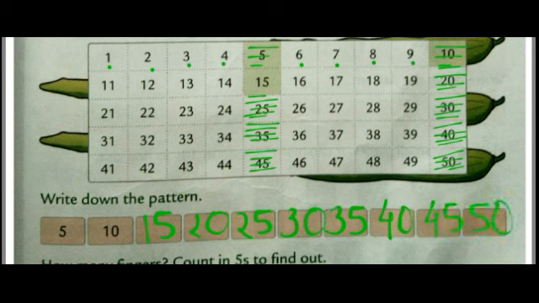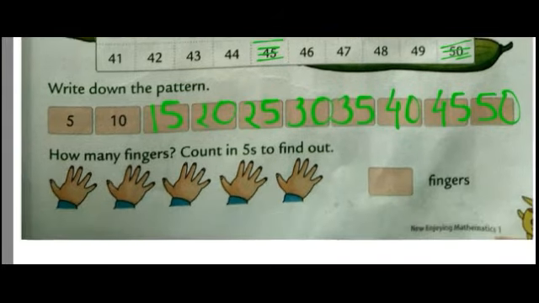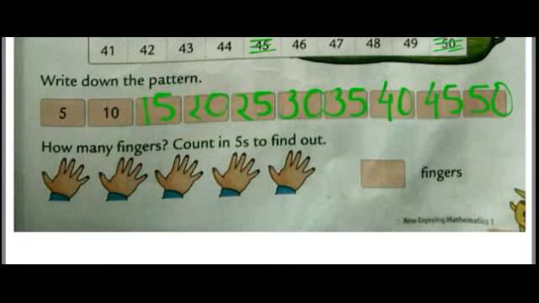This was the pattern that we have done. Now, how many fingers? Count in 5 to find out. 5, 10, 15, 20, 25. So, 25 fingers are here. Okay? As we have counted in 5.